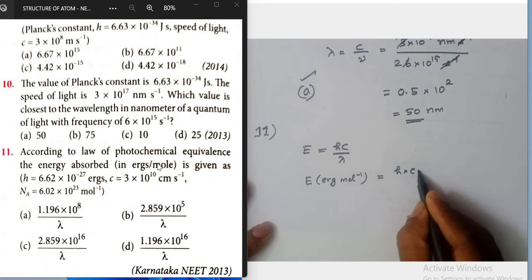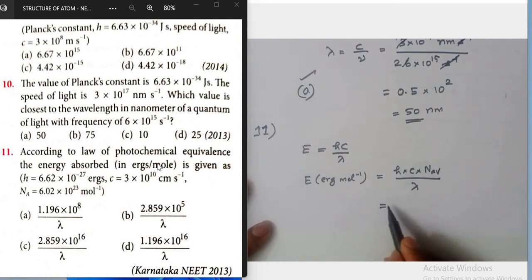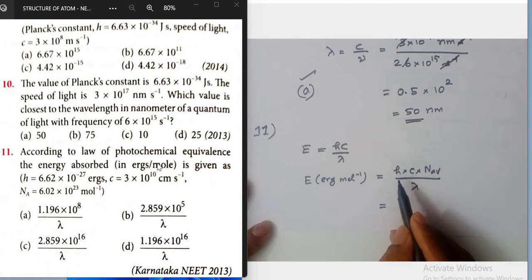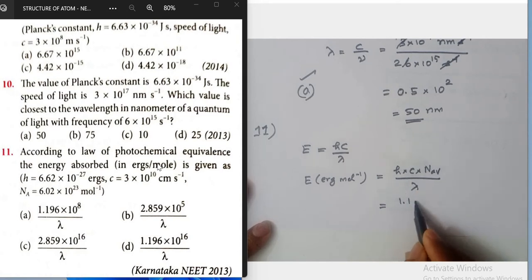So h into c into Avogadro number by wavelength. It is given that h value is 6.62 into 10 power minus 27, c value 3 into 10 power 10, and Avogadro number 6.02 into 10 power 23. If you multiply all these three in the numerator, we get this answer, 1.196 into 10 to the power 8 by lambda. So it's a very direct question. Take note.